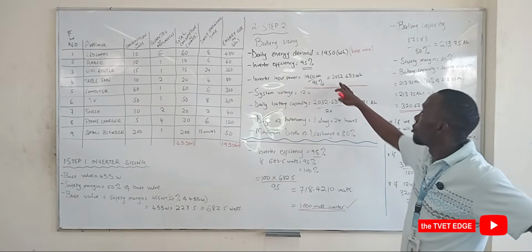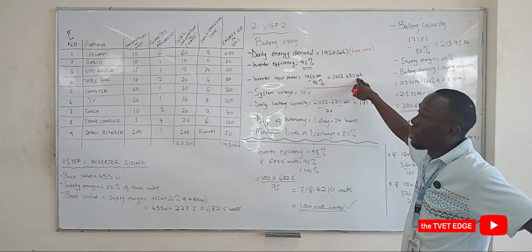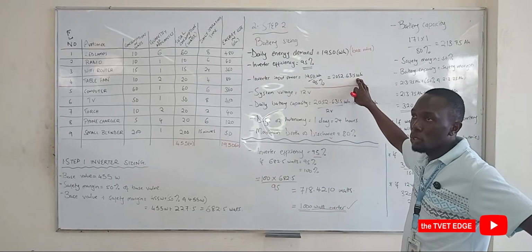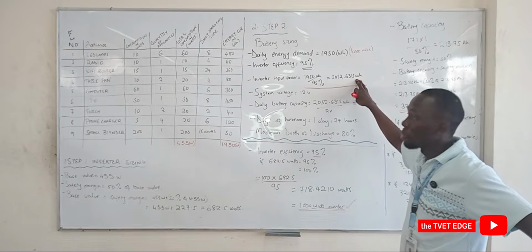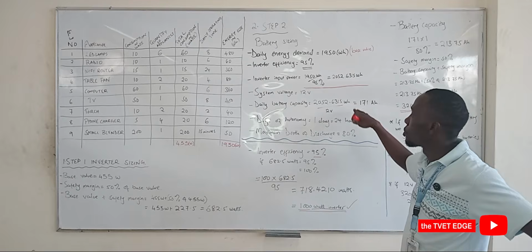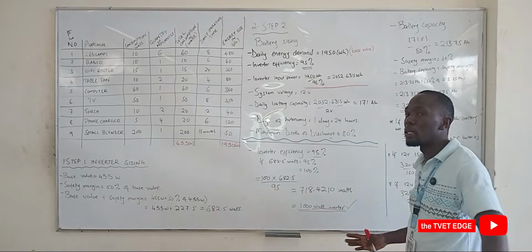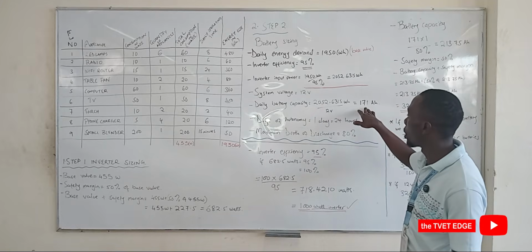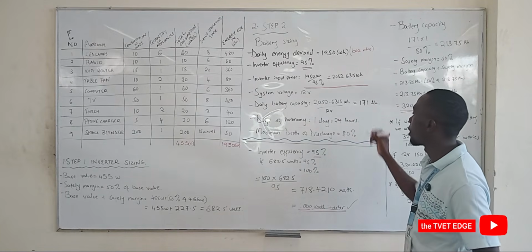So it's okay if you can work with this and communicate well between you and the salesman or the person you are sourcing it from, but you have to convert this figure into Ah for you to get the exact battery capacity. So we divide by 12, we are getting 171 Ah.